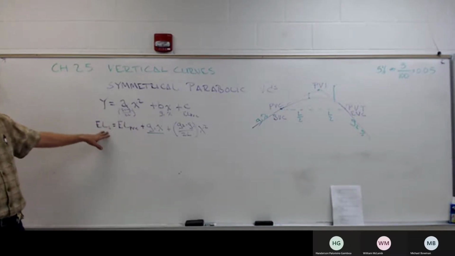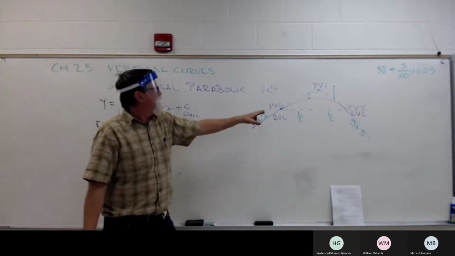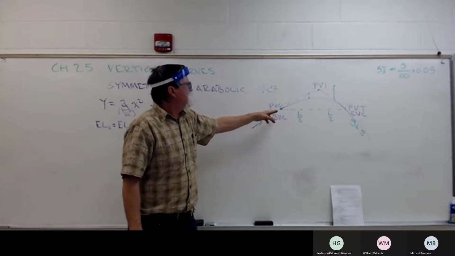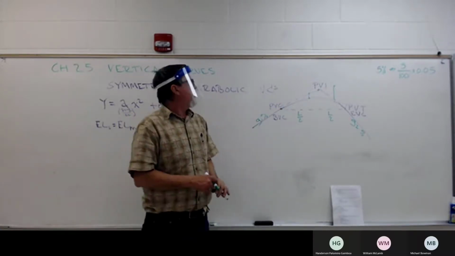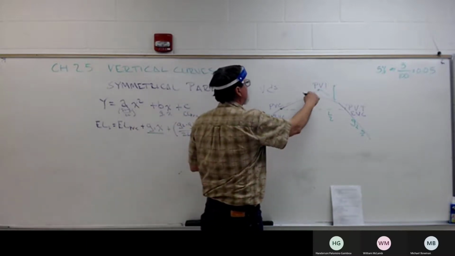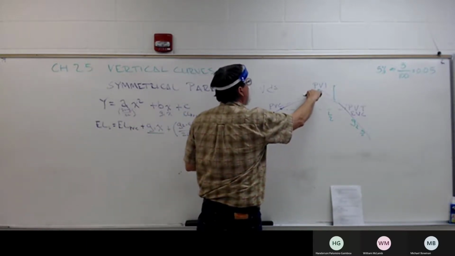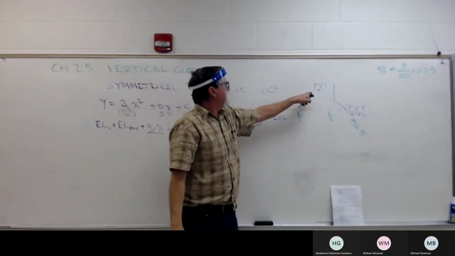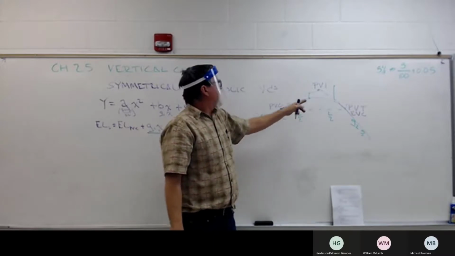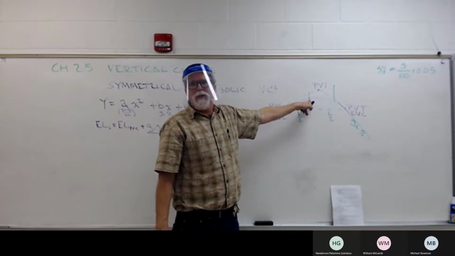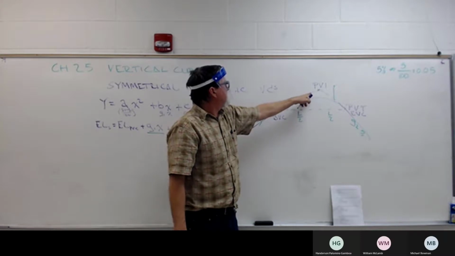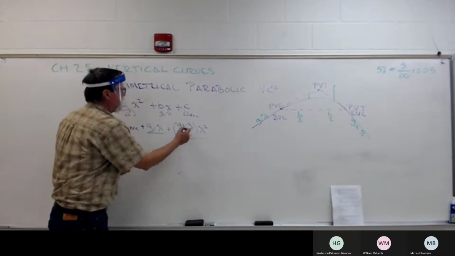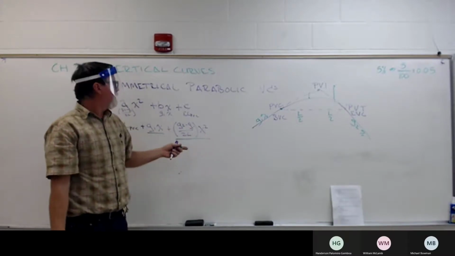If I want the elevation of any station, then I start at the known elevation that the curve starts at, and then I add the quantity G1x, which gives me an elevation change up on that vertical tangent line, which is where that green dot is. But I want something on the center line of that profile, and so this distance from the vertical tangent back down to the curve is identified by this quantity of G2 minus G1 over 2L times x squared.